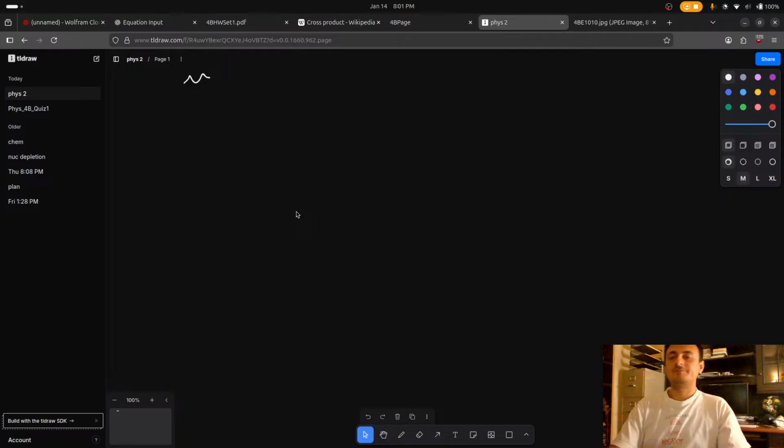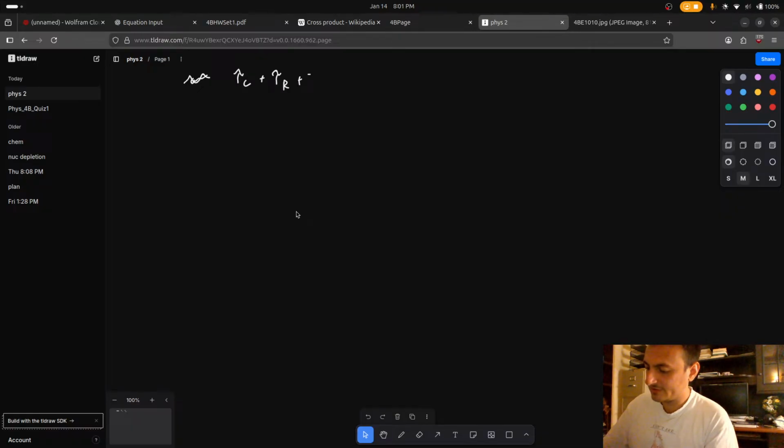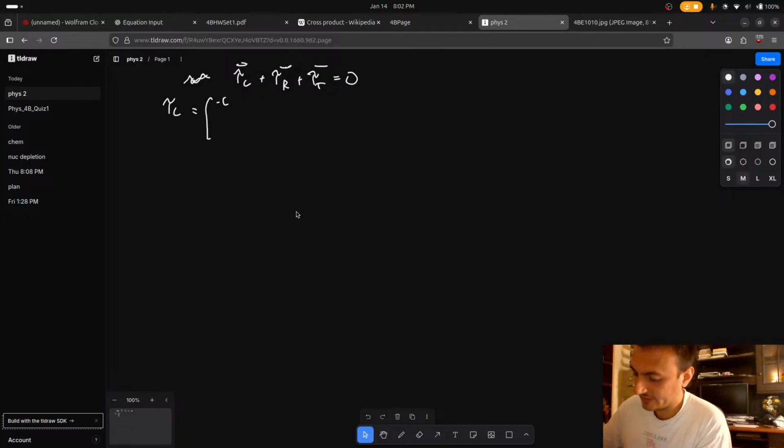Okay, so what did we have? We had tau L plus tau R plus tau tension is equal to 0. Now, we were computing tau L equal to minus L over 2, 0, 0 cross 0, kQQ over h squared.